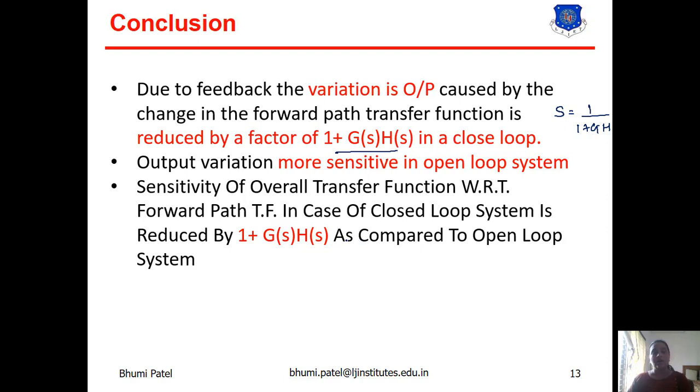We cannot reduce the sensitivity in the open loop system, but in the closed loop system we can reduce the sensitivity using this factor 1 plus G of S, H of S, because sensitivity is inversely proportional to H. Whenever the value of H increases, we get less sensitivity, and whenever the value of H decreases, we get more sensitivity.